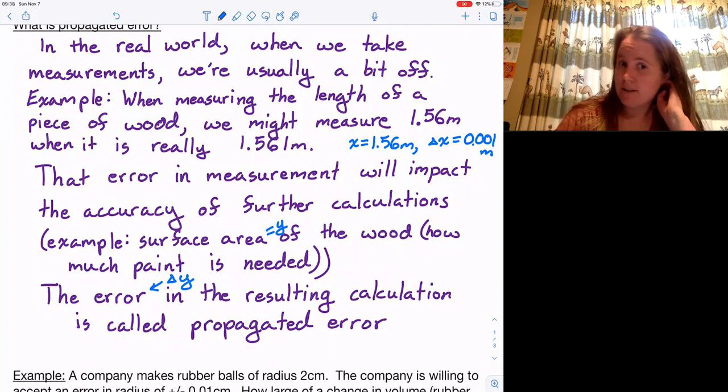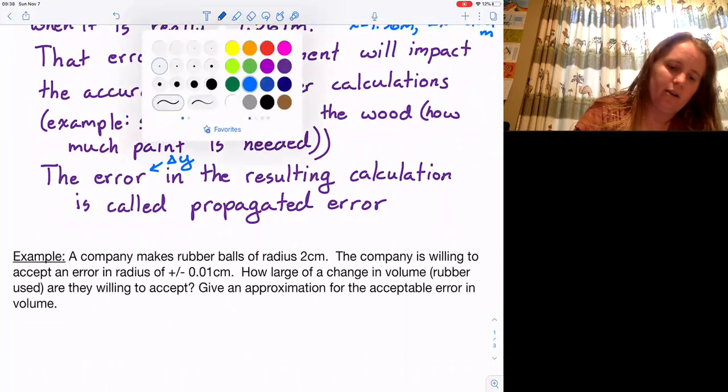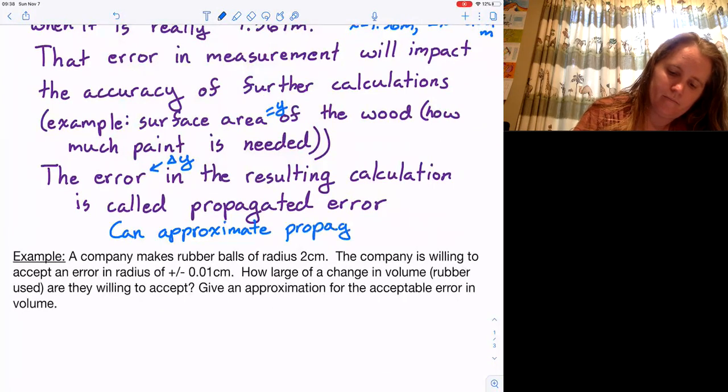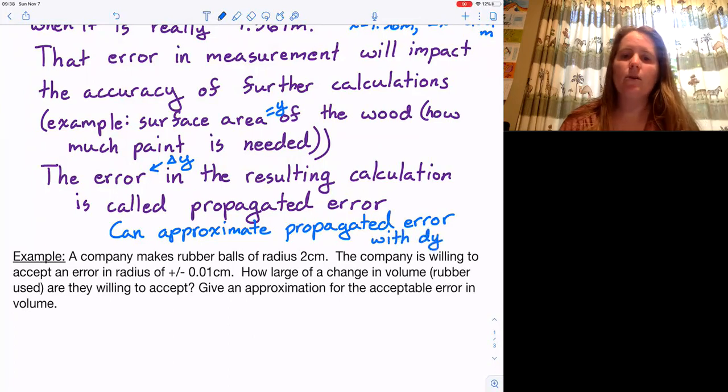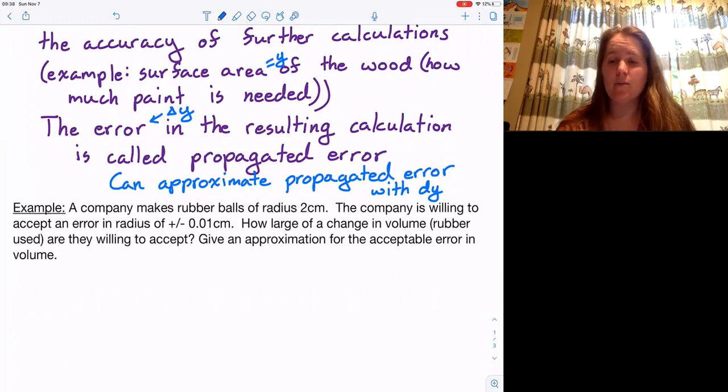So for an example, well, since that's change in y, we can therefore approximate the propagated error with dy, the differentials. So again, in our example, a company makes rubber balls of radius 2 centimeters.